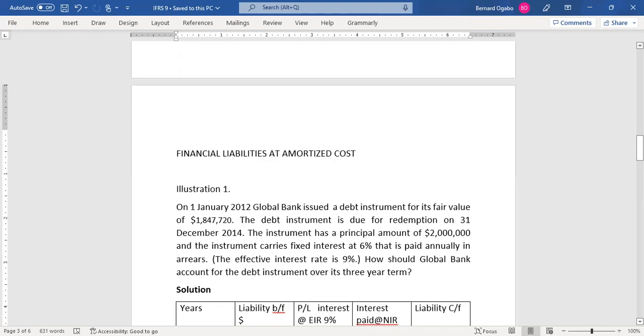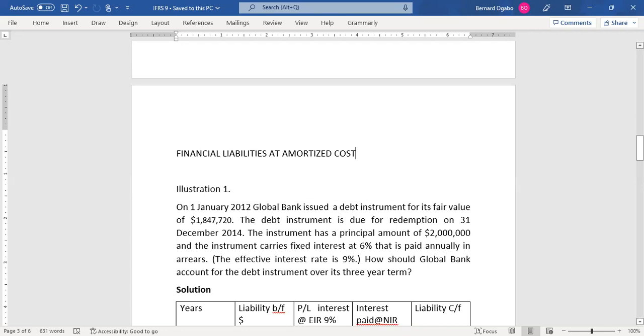For financial liabilities, the effective interest rate is a rate that discounts the interest or discount of an instrument, either financial asset or financial liability, over the life of the instrument, such that at the end of the period, you have the initial carrying value associated with that asset.